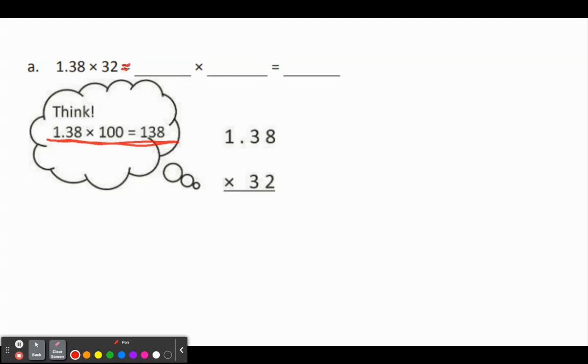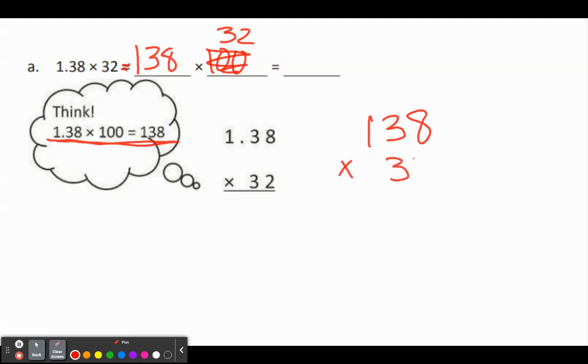We're going to put down 138, times, not times 100, times 32. So we're going to change 1.38 to 138. I'm going to use the standard algorithm to solve 138 times 32.